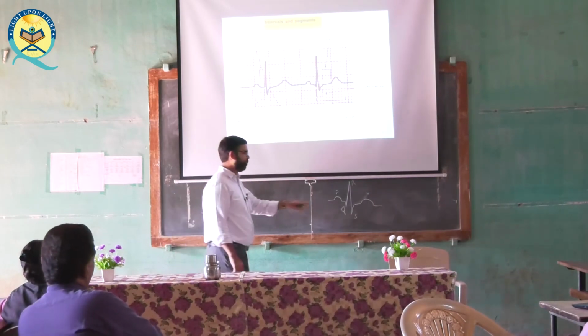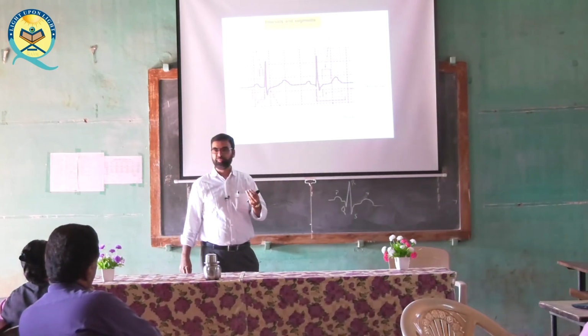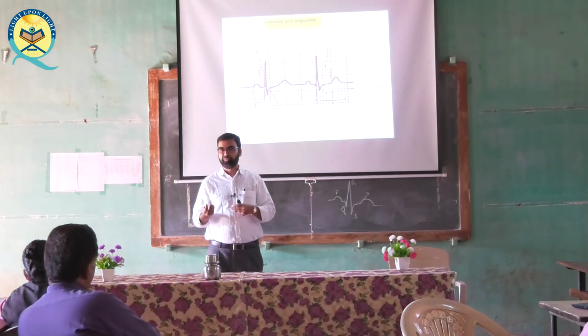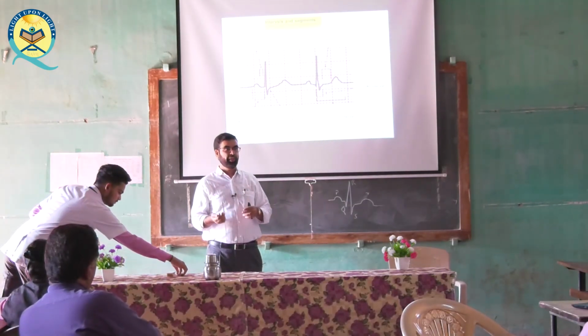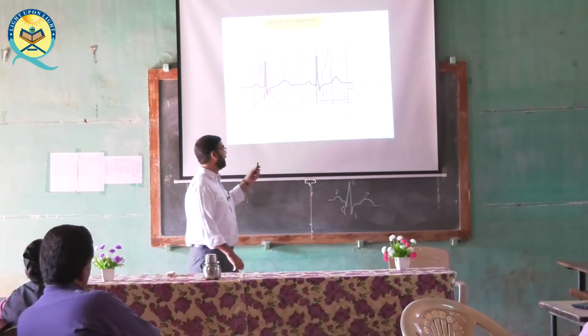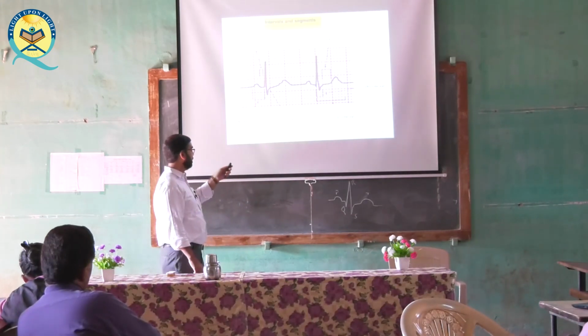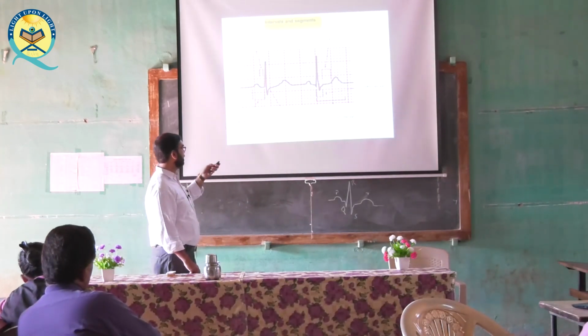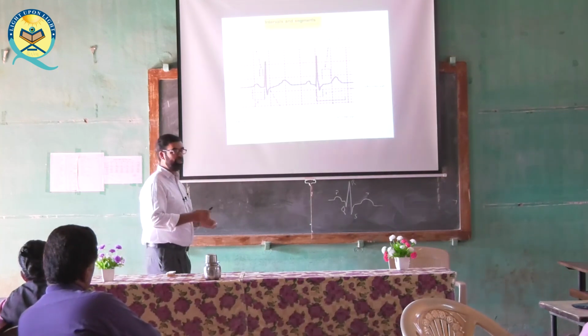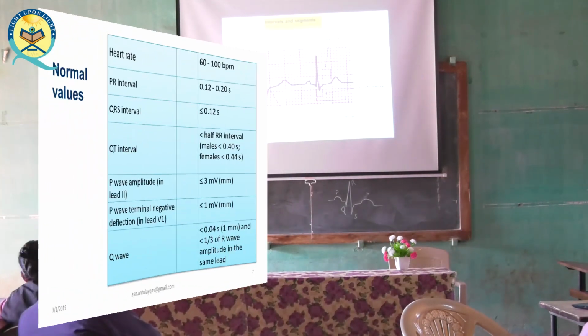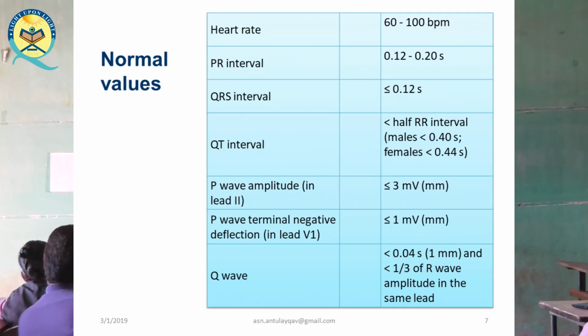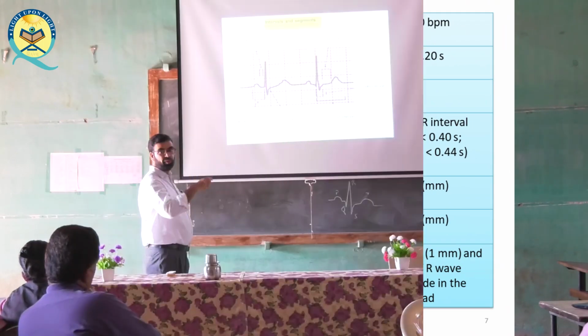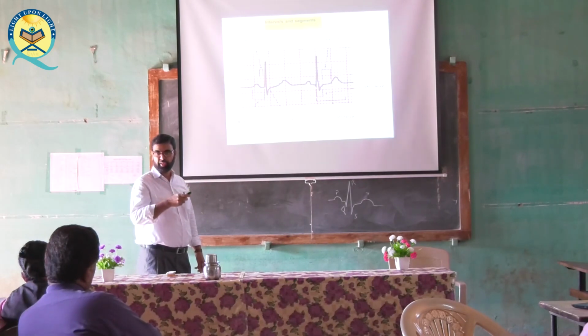Okay, now P wave, normal P wave, the height of the P wave, how much it should be? It should be less than 2.5 millimeter. अब ये कितना है देखो, ये P has started from this point, it goes up to this, just 1, height is only 1 millimeter.